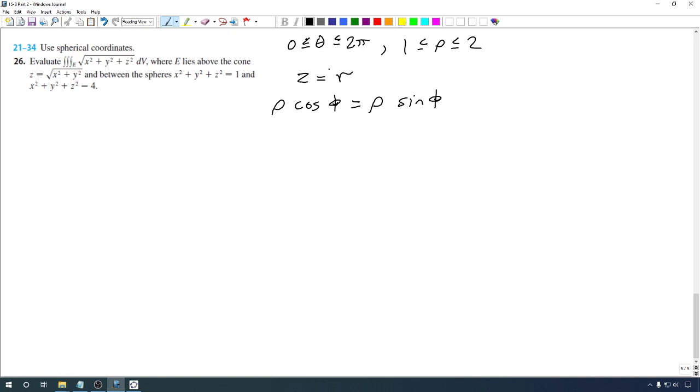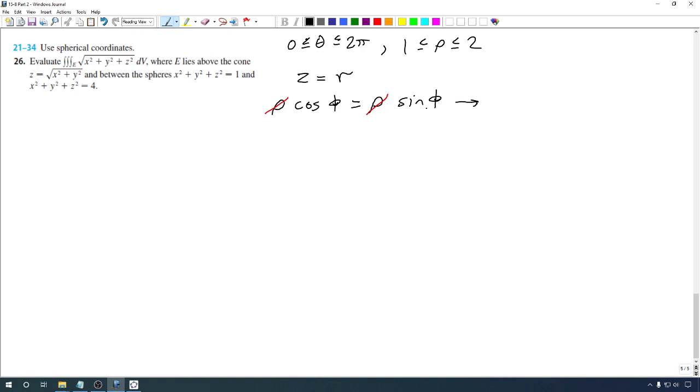That means the cone is where rho cosine of phi is equal to rho sine phi. Of course, the rho's here don't really matter. Those are really just telling us how far out on the cone we are, going from rho equals 0 at the tip and getting bigger as we go out. Really, it's the angle that's the important thing.